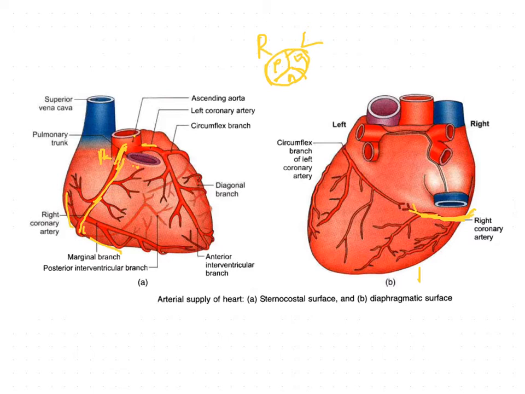Here, at the origin of this right coronary artery, it gives a right conus artery, which supplies the root of the infundibulum. The same kind of left conus artery also arises from the left coronary artery, and these two unite to form a necklace around this infundibulum, the root of the pulmonary trunk.